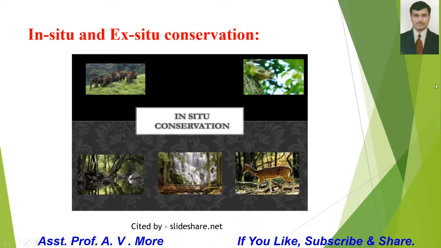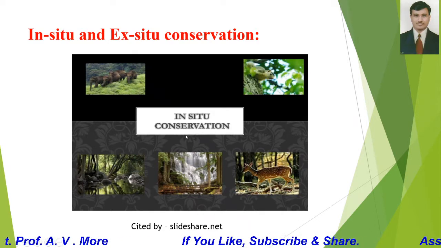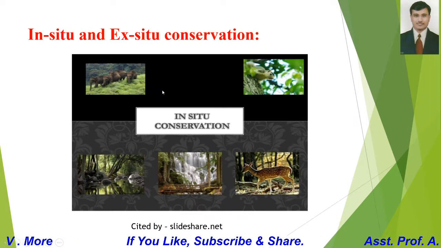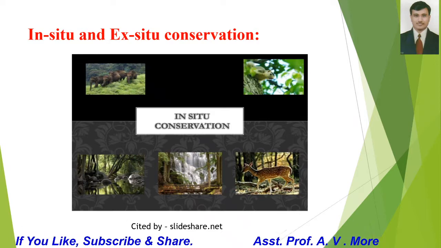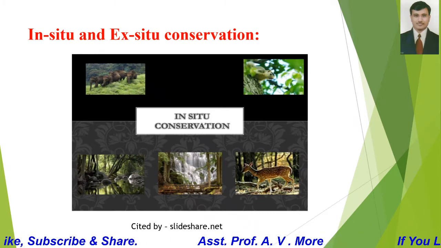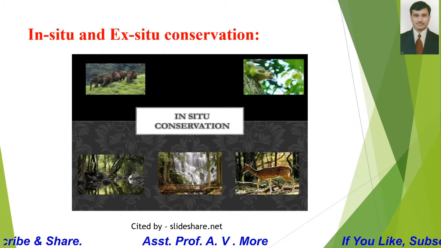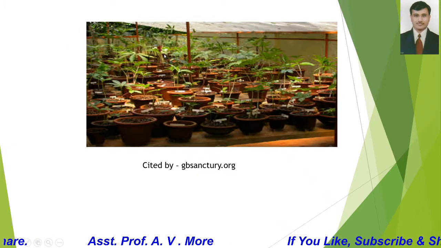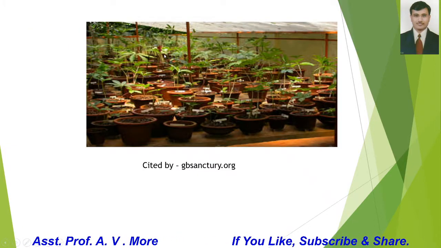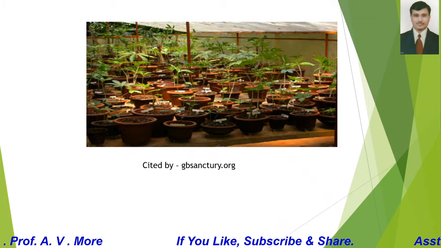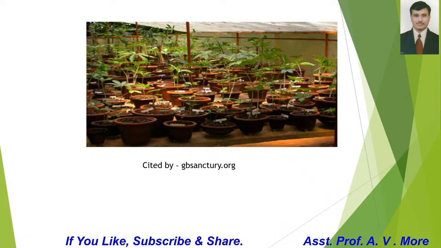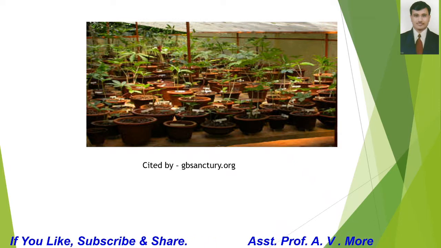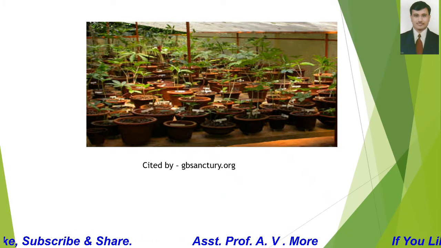See here, this diagram shows in situ conservation, for example forests and wildlife sanctuaries, which are the best examples of in situ conservation. And this diagram shows ex situ conservation, for example botanical gardens, national parks, and seed banks. These are examples of ex situ conservation.